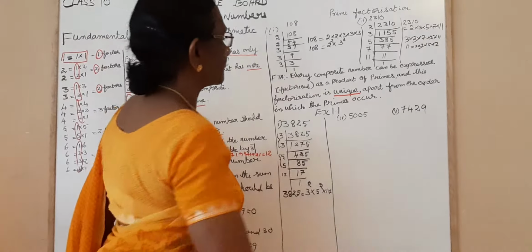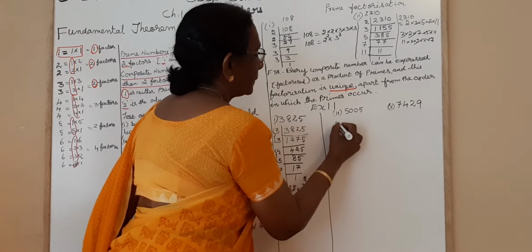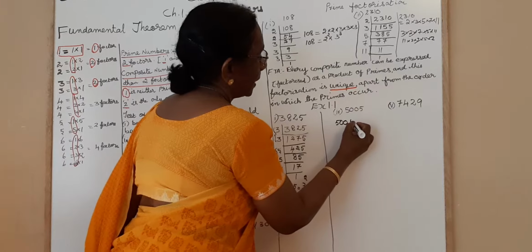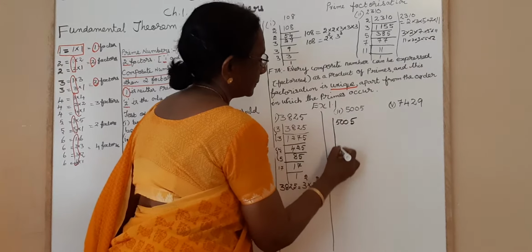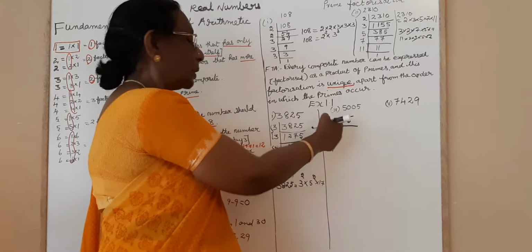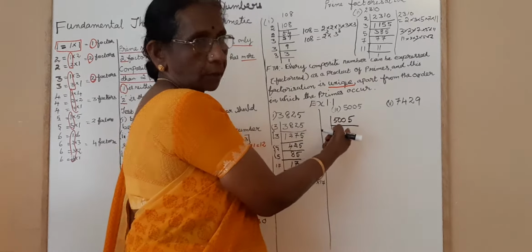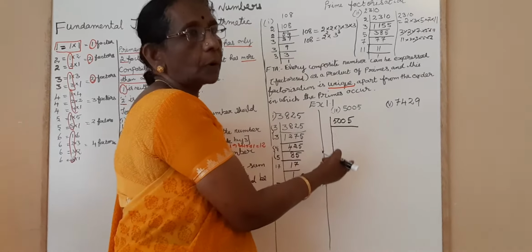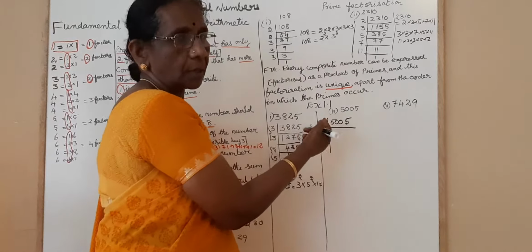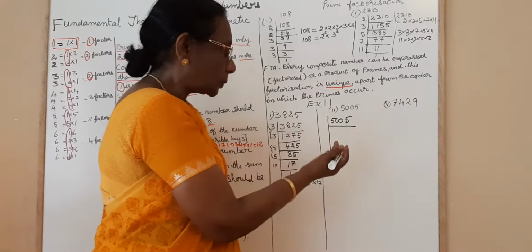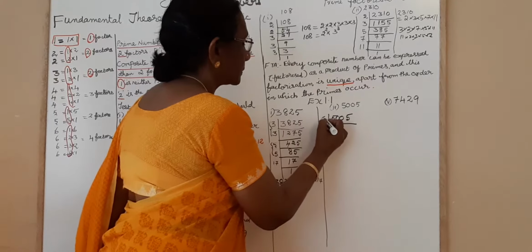Now next one, 5005. See here. Let us check, it's not divisible by 2. So let us go for 3. 5 plus 5, 10, not divisible by 3. So let us move to 5.